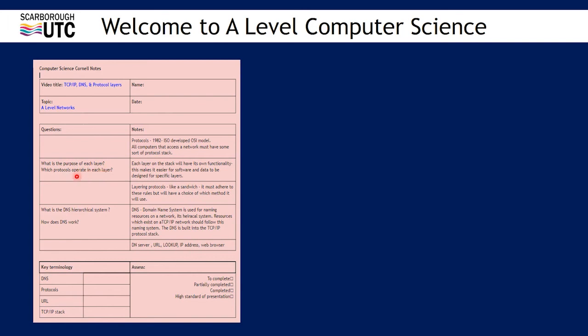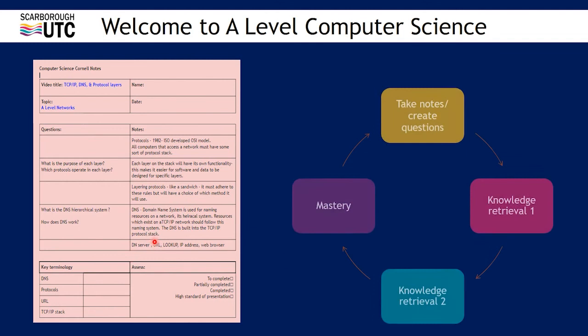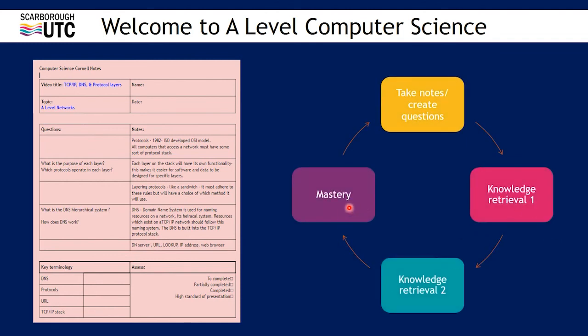Then you revisit and try to answer these questions in full, and then revisit it again. Over the course of, say, four weeks, you'll have had several opportunities to retrieve that knowledge, and you become a master at it. So independent study is a really important aspect of any of your A-level studies here at Scarborough UTC.